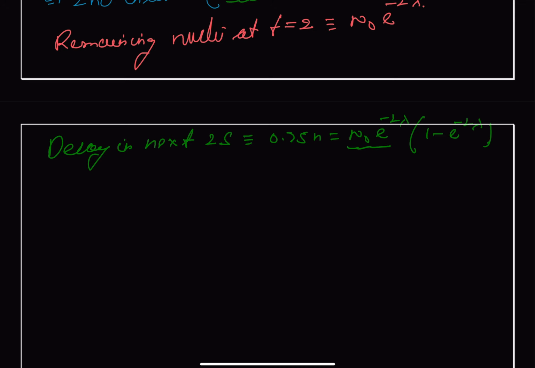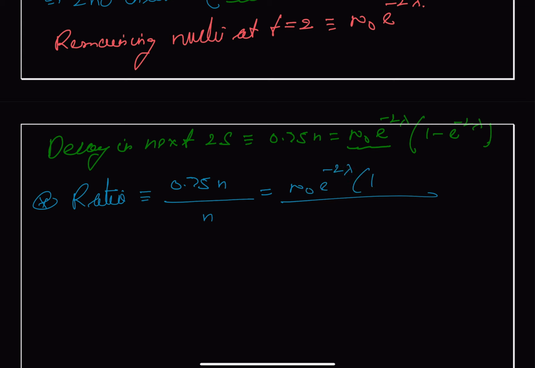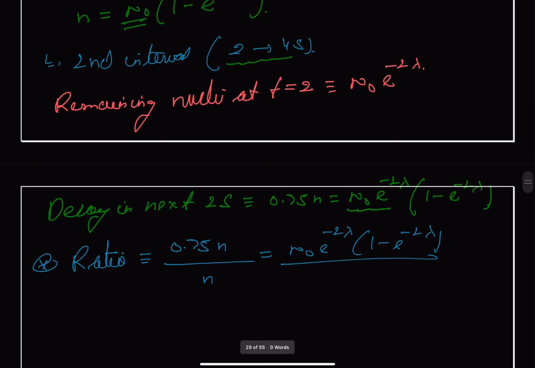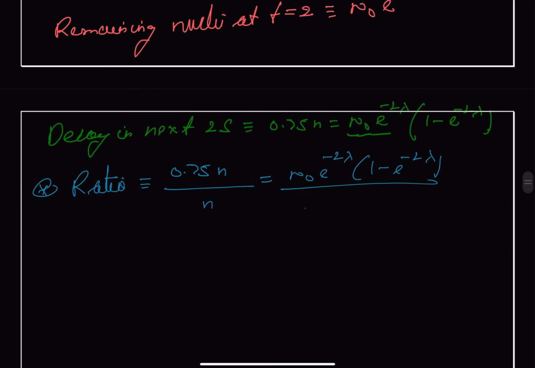For the ratio, we get 0.75 N divided by N equal to N naught e raised to the power minus 2 lambda times (1 minus e raised to the power minus 2 lambda), divided by N naught times (1 minus e raised to the power minus 2 lambda).